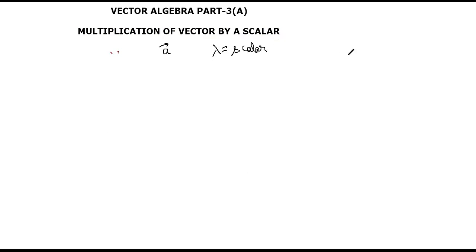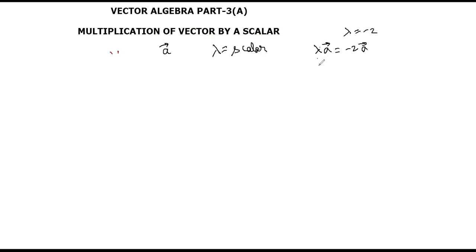When we are multiplying the scalar with the vector, because the scalar has nothing to do with the direction, it will multiply with the magnitude of that vector. For example, if you are multiplying lambda with vector A, this will multiply with its magnitude. Suppose lambda is minus 2, then it will become minus 2A.